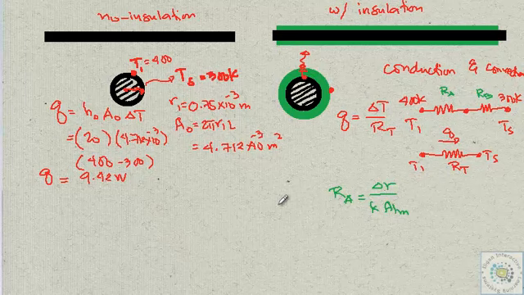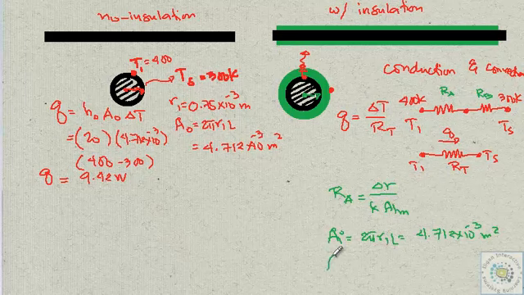The area of the inner insulation is just 2 pi Ri, the inner radius, which is 0.75 times 10 to the negative 3. It's already been calculated, right? It's equal to this times L. It's 4.712 times 10 to the negative 3 meters squared.